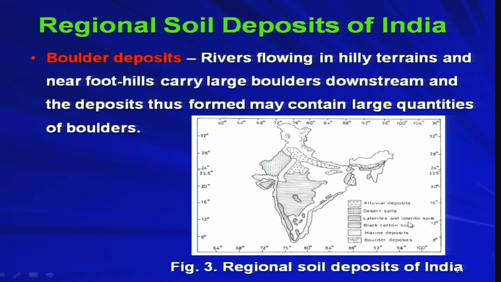Then laterites and lateritic soil, you will get in this part, the western part of West Bengal and Jharkhand and Bihar area, and a little bit of Maharashtra, and then black cotton soil. You can see the black cotton soil completely covers MP and Maharashtra and part of Andhra Pradesh.